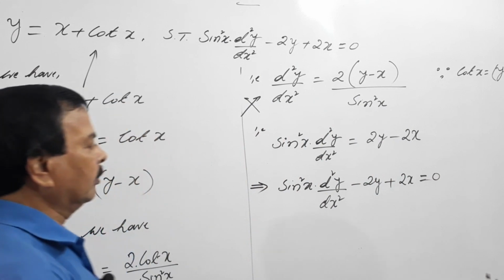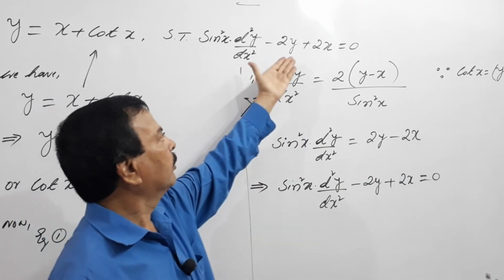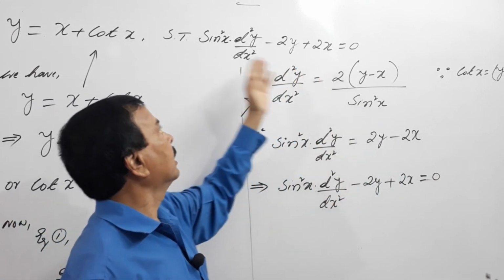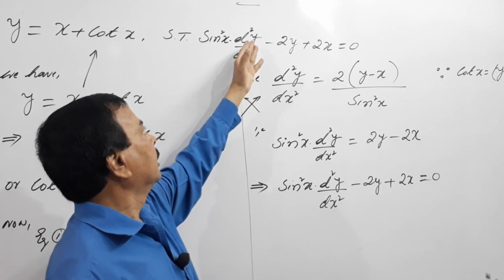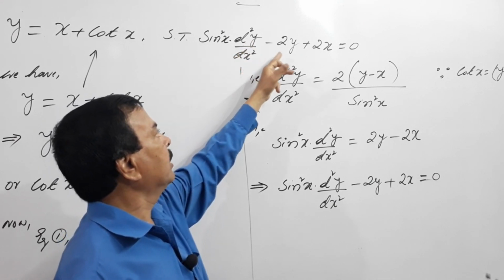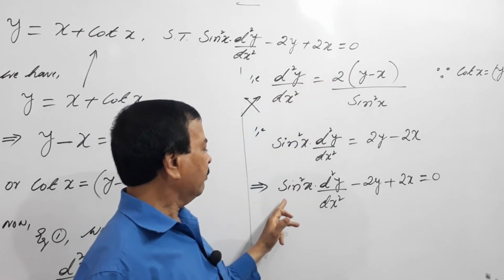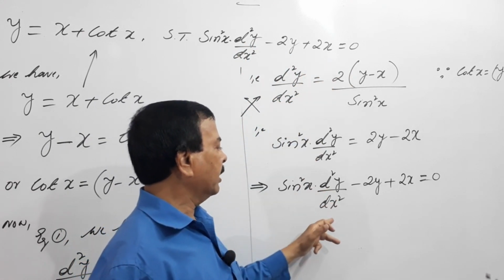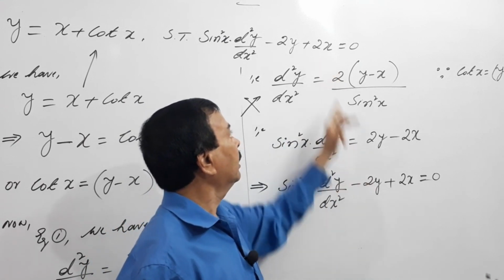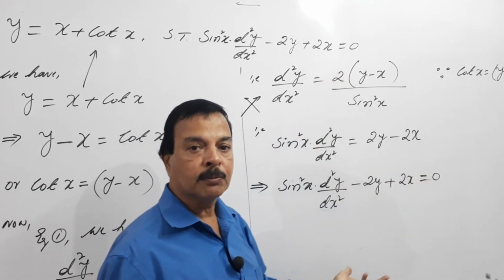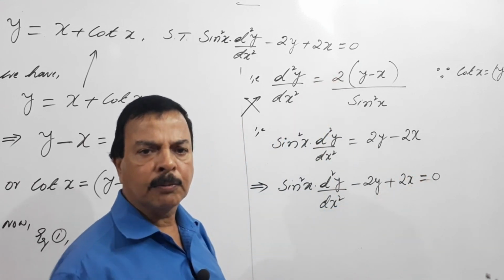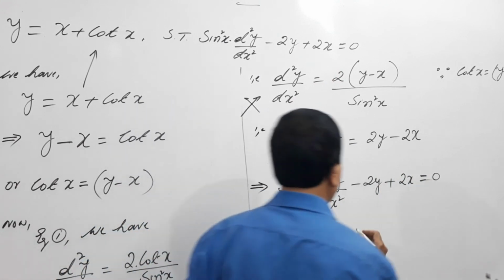What we want is sin square x d square y by dx square minus 2y plus 2x equals 0. Hence proved. We have got it. Such a simple problem.